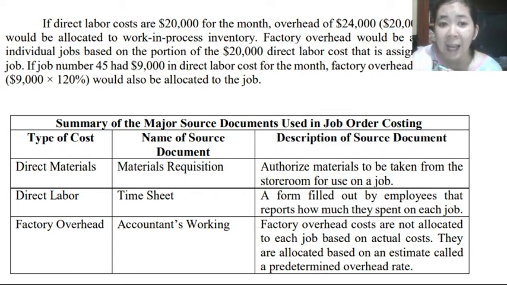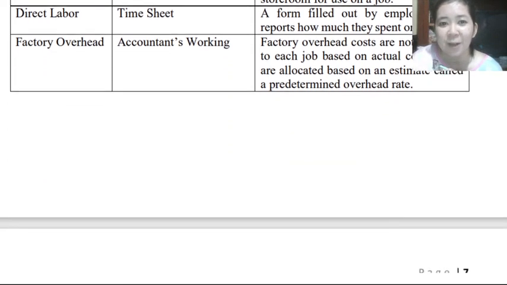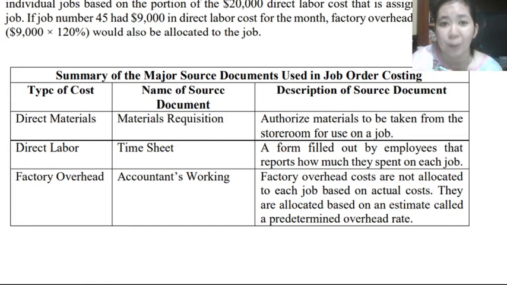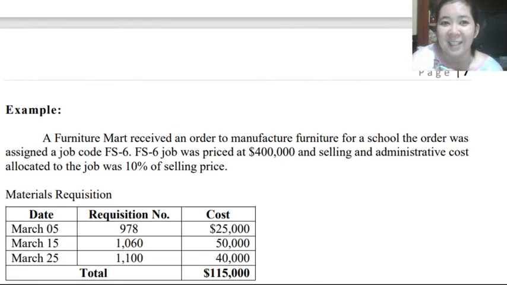And for factory overhead, this is accountants working, or we can also base it on the time sheet. Factory overhead costs are not allocated to each job based on actual cost. They are allocated based on estimated cost called a predetermined overhead rate. And the most common basis is our direct labor hours or direct labor cost. Okay, so those are the major source documents that we use in job order costing.